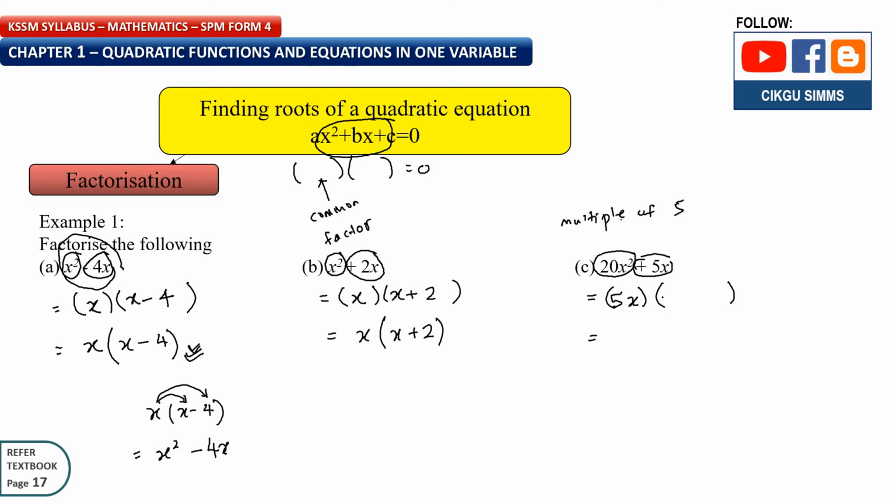If I bring out 5 from 20, what's left is 4, because 5 times 4 is 20. For x squared, 1 x is out, so x is inside: 5x times 4x gives 20x squared. And then 5 is out, what's left is 1: x is out, nothing here. So 1 times 5x gives 5x. The first bracket is 5x, and the second bracket is 4x plus 1. If you want to check, you can multiply again, but this is your final answer. This is your factorization.